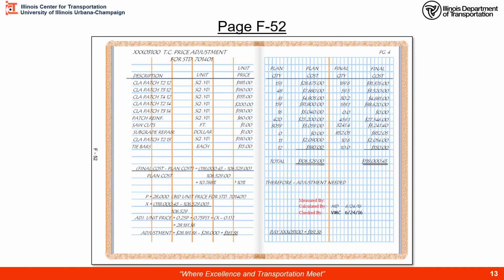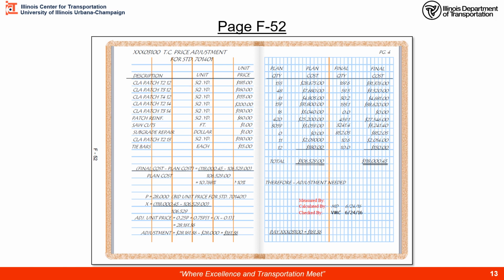So again, here's the planned cost. Get a total on that. Then we have our final cost, and you notice that quite a bit of our patching increased. And one type of patch was eliminated in this case. The subgrade repair that was not in the plan was added in, and then adds up to this value.